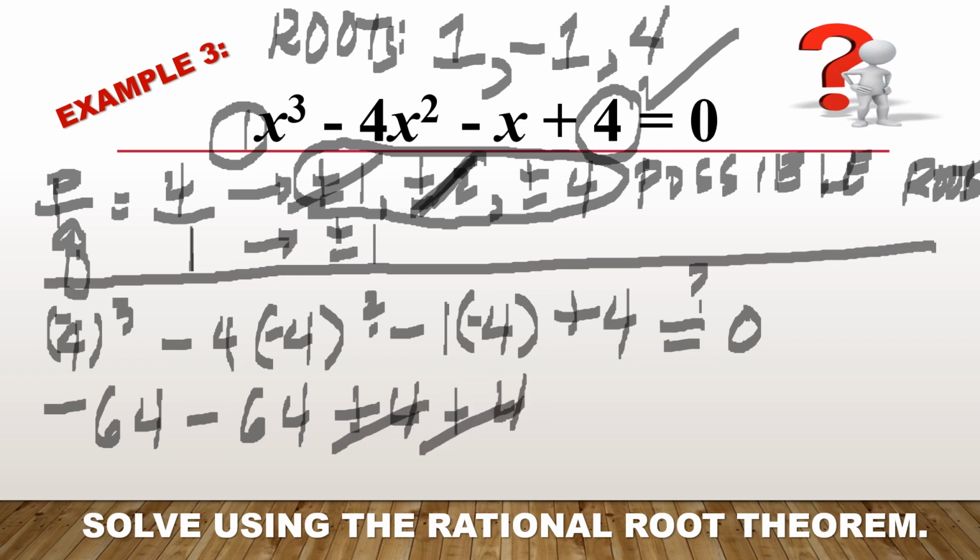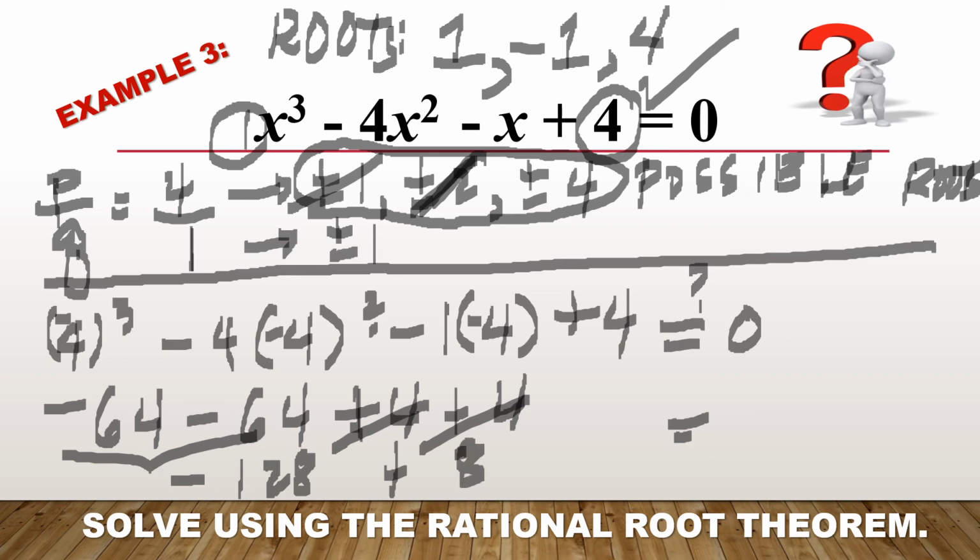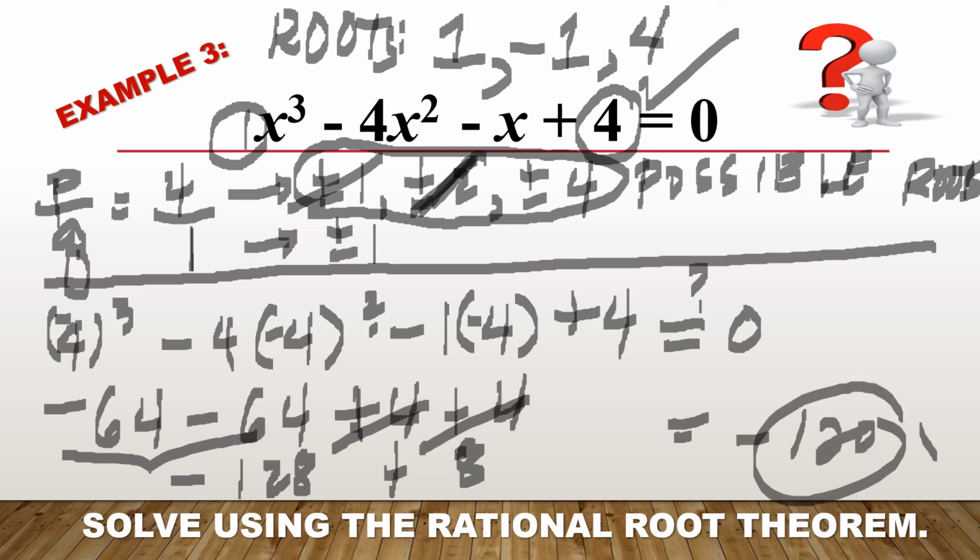So here we can cancel. Oh no, we cannot cancel because it's also negative. So obviously it will not give us 0. We have to add this. So this will be negative 128 plus positive 4 plus 4, that's 8 also. So negative 128 plus 8 is negative 120. So it's not 0. Therefore, negative 4 is not a root.